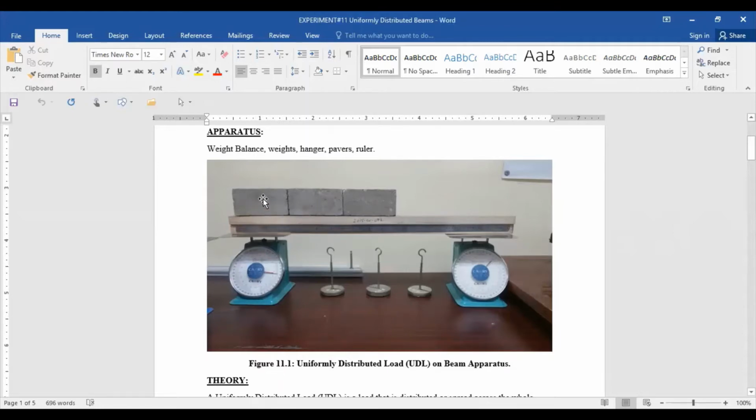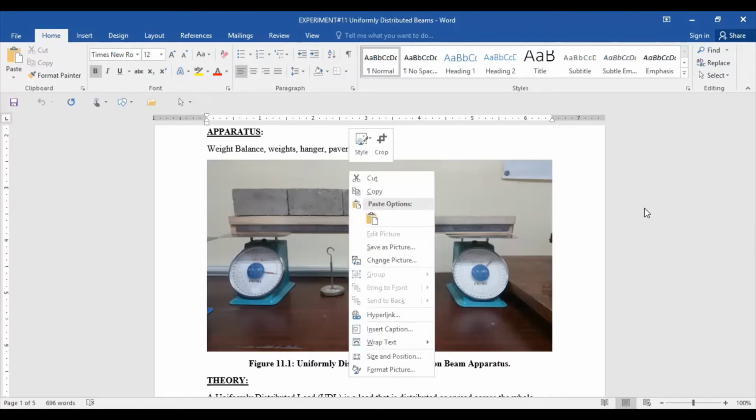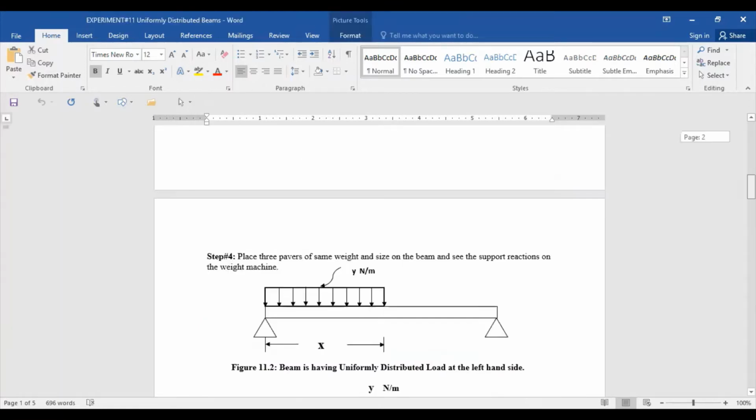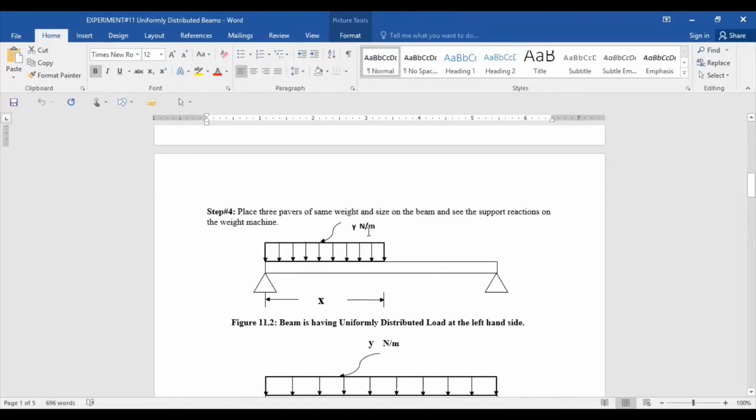If you are getting your weight in kg, you have to multiply it by 9.81 meter per second squared. Then you have to divide by the distance, so you will get the weight, which I told you when we were making numericals. So let me tell you here in Newton per meter.